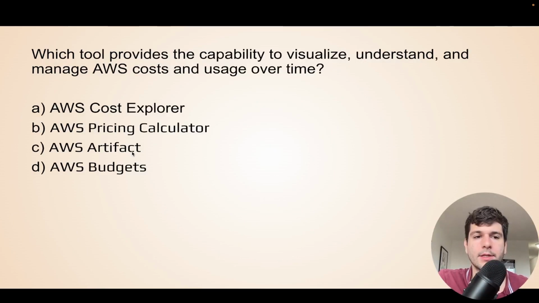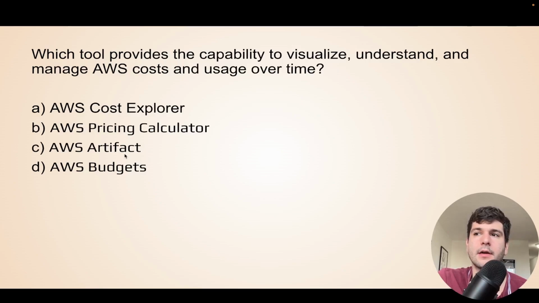All right, next question. Which tool provides the capability to visualize, understand, and manage AWS costs and usage over time? So correct answer here would be the AWS Cost Explorer. Pricing calculator is different. That's a tool you can try online where you just put in some information about which resource you want to use and the configuration, and it can give you an estimated cost of that.